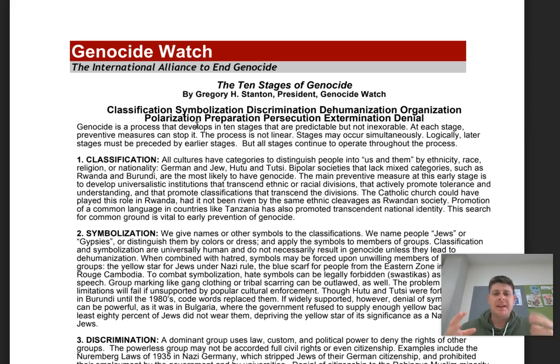Now, to begin with, all cultures have categories to basically separate people into an us and them situation. Whether it's by religion, nationality, ethnicity, race, or some other facet of identity, nations tend to have different groups within society. Typically, what we have are these groups working harmoniously together.